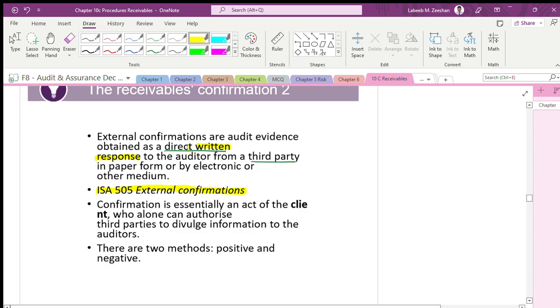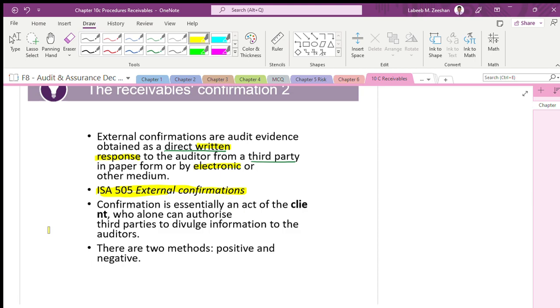External confirmation is there with respect to inventory, non-current assets, receivables, and cash and bank. It is sent to the auditor from the third party by electronic or any other medium. You have to get some written confirmation.